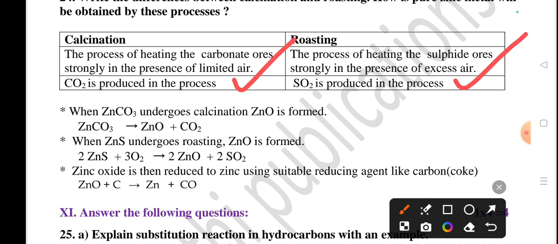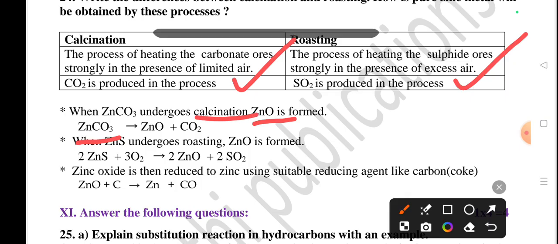Then the purification of zinc. When zinc carbonate undergoes calcination, it produces zinc oxide and carbon dioxide.